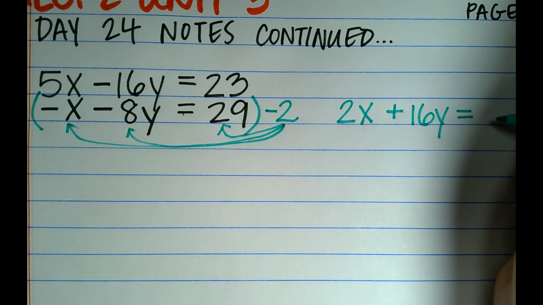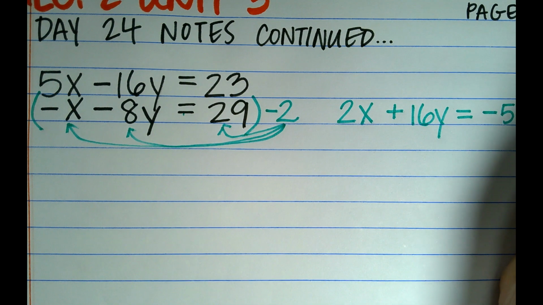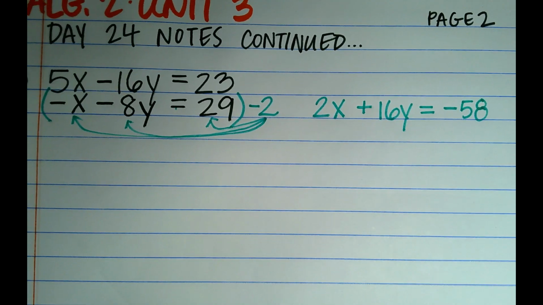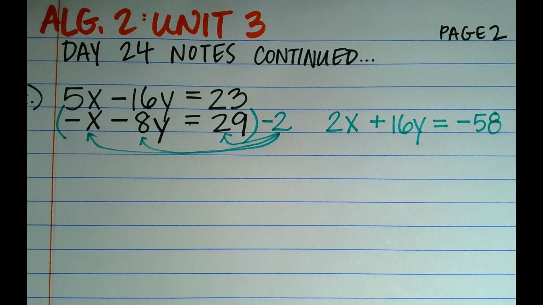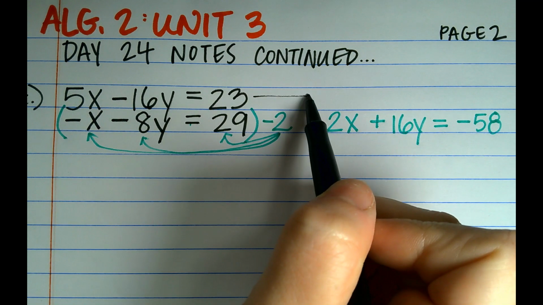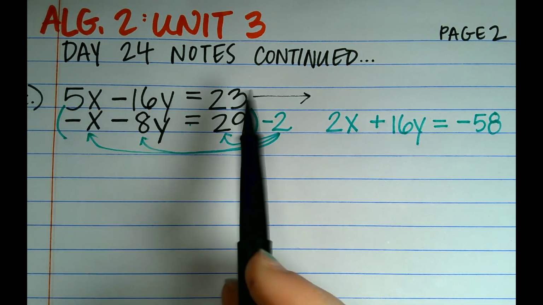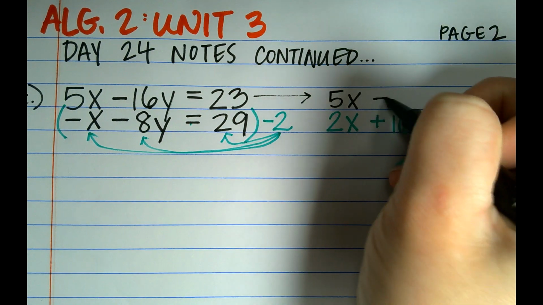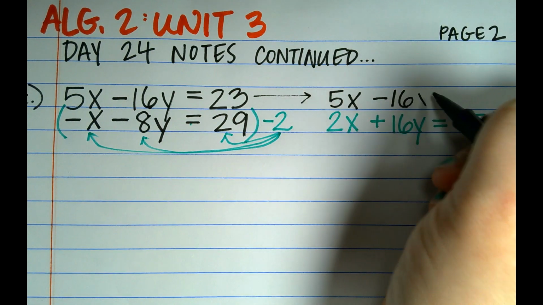Negative 58. Okay, so I've got that. What should I do next? Yes, now let's rewrite that other equation, stack them on top of each other, and then we need to add them together.